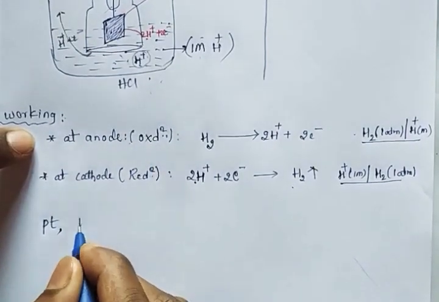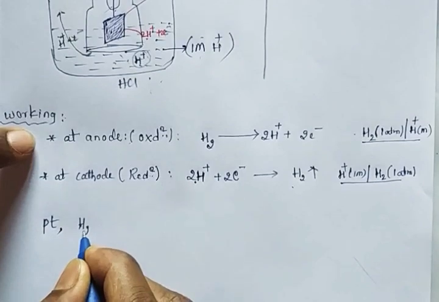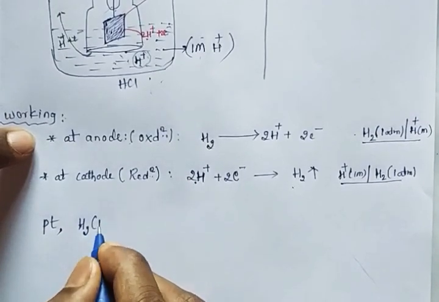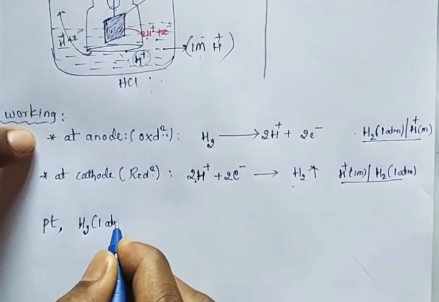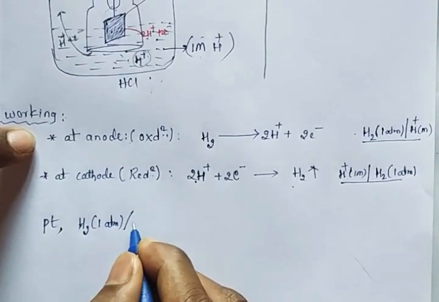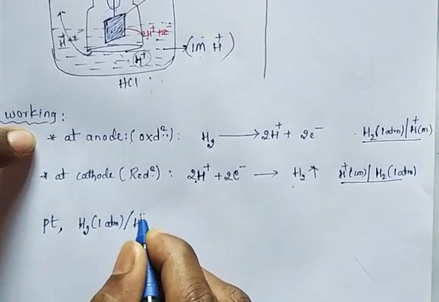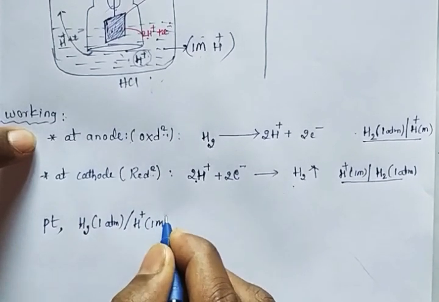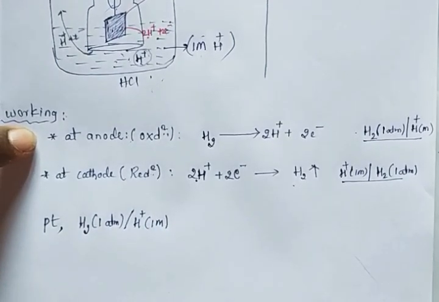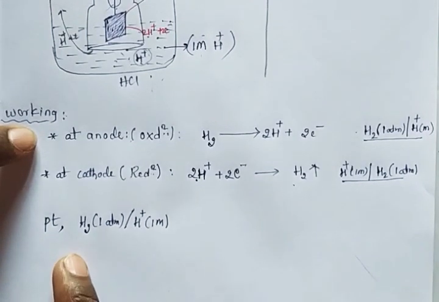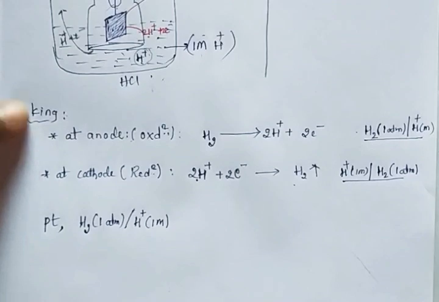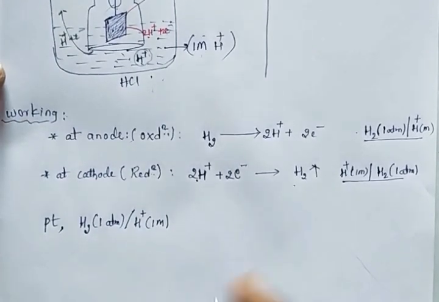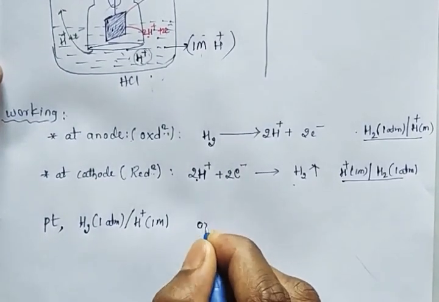So therefore platinum, H2 in bracket 1 atmosphere or 1 bar, slash H+ in bracket 1 molar. This is the cell representation of SHE when it is connected at the left hand side, if it acts as anode.